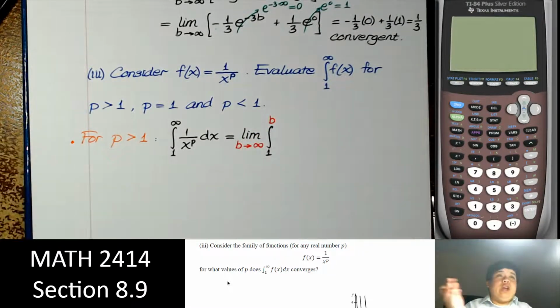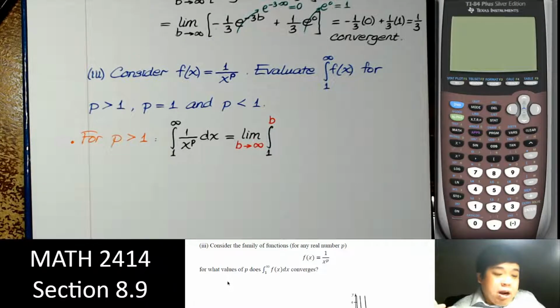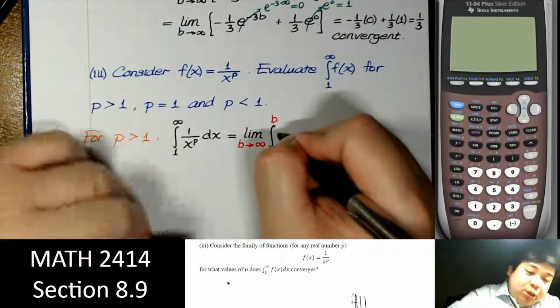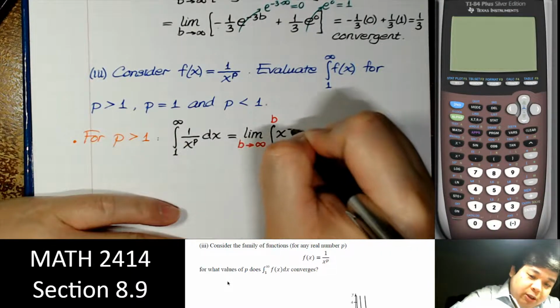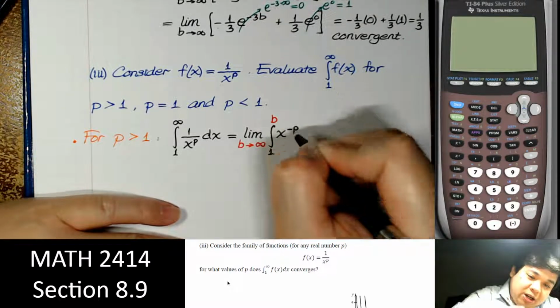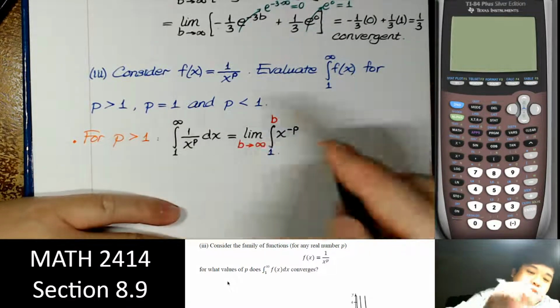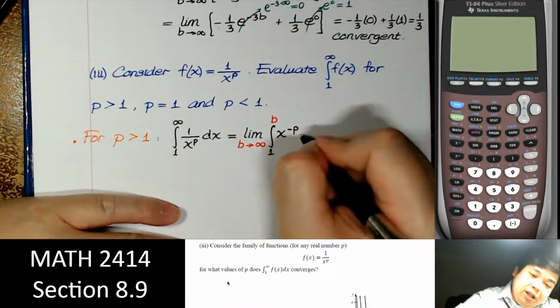So change the limit. That's the first thing we do. By the way, to integrate this, it's much better to use the power rule. So write this, move x to the p from the bottom to the top, x to negative p dx.